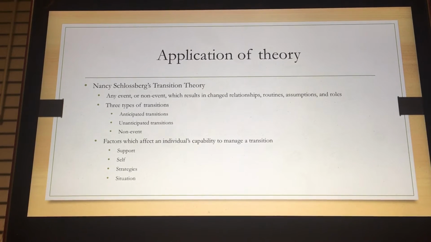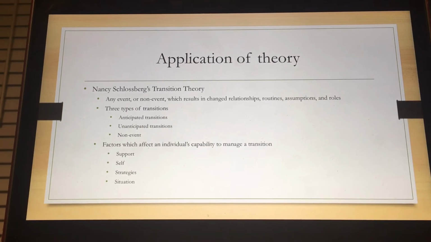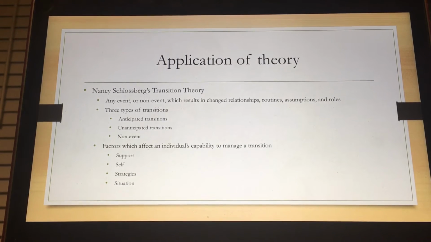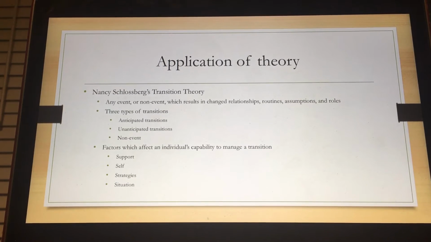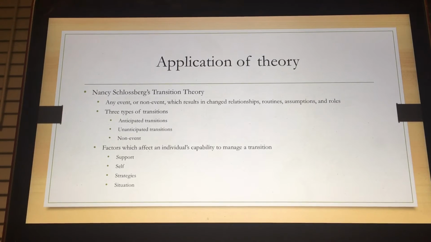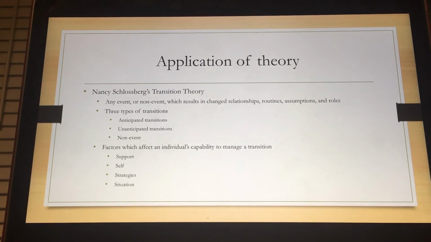It is important to examine an individual's context of when a transition happens, as well as the impact which a transition has on the individual, whether it be positive or negative. However, it is just as important to note the factors which affect an individual's capability to manage a transition. The first is support, which looks at what type of social support is available.